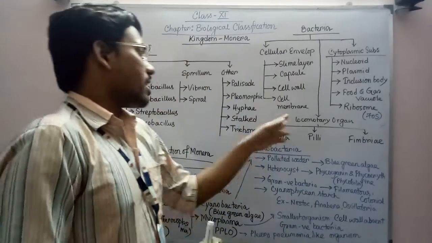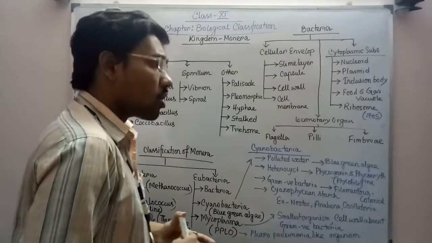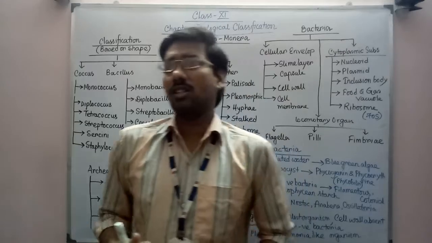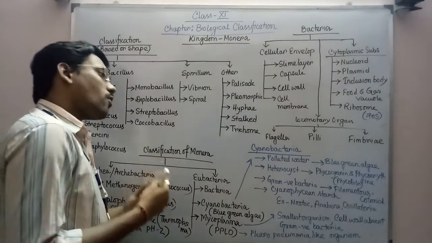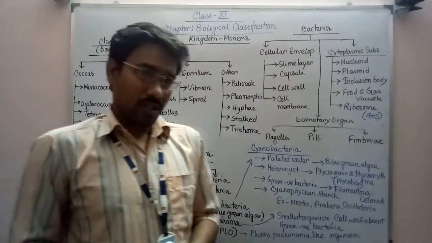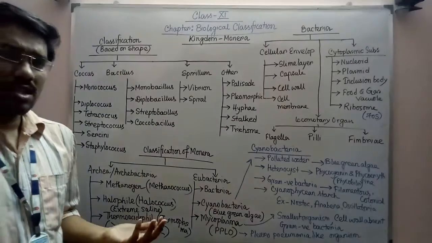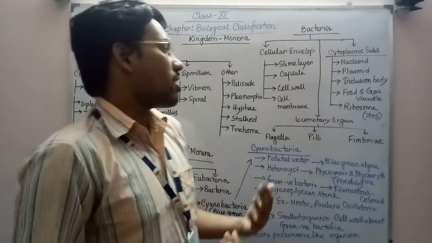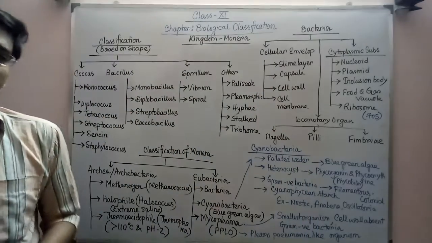So this is the entire structure of the cellular envelope and cytoplasmic substances. Except these two, there is also one more structure present, that is the locomotory organ. What is the locomotory organ? Keep in your mind, bacterial cells specifically need locomotion. They have to move from one place to another, so for that reason a locomotory organ is present. As an example, flagella is present. More than one flagellum can be present in a bacterial cell for locomotion, as well as pili and fimbriae. These two structures are also present in the bacterial cell.